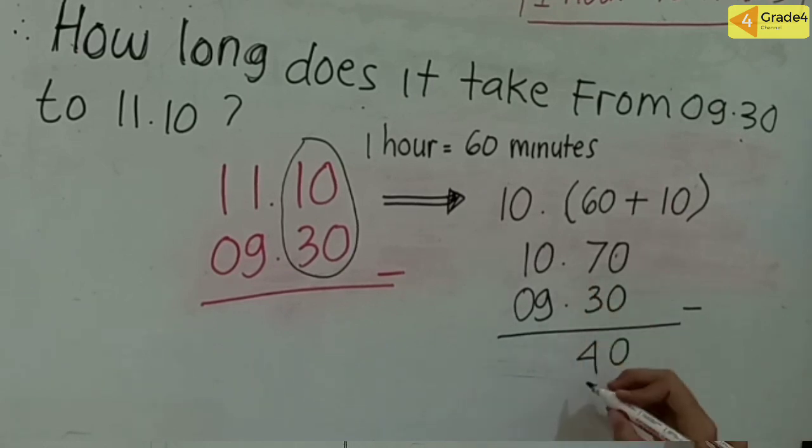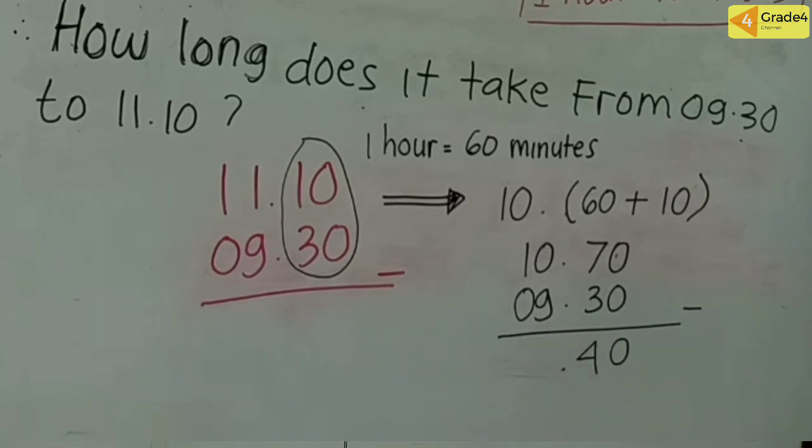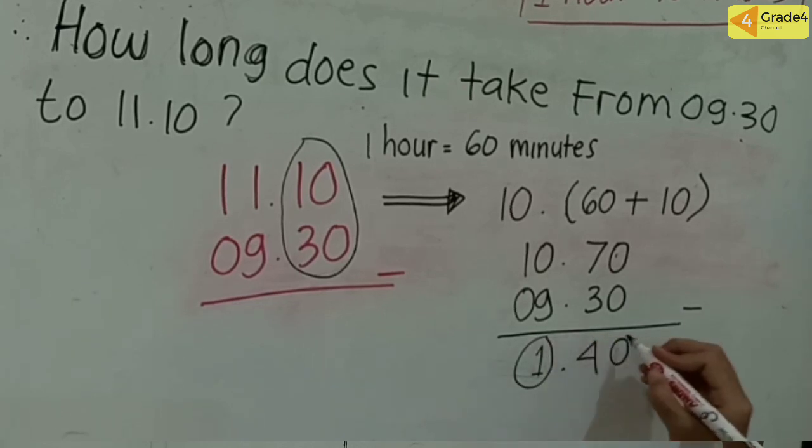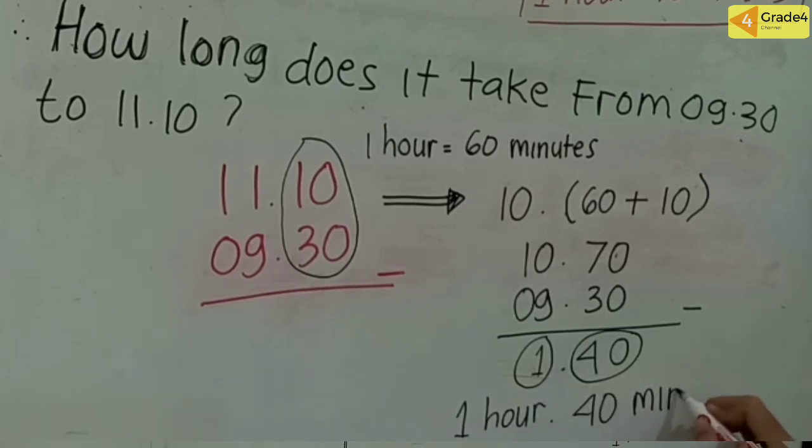And then we put the point in here, and 10 minus 9 is 1. So we can write this is the hour, and then this is the minutes. So we can write 1 hour 40 minutes.